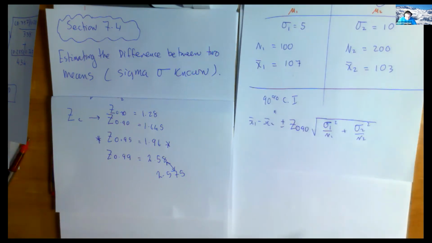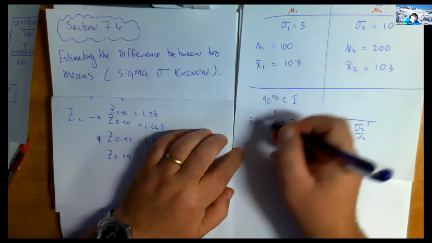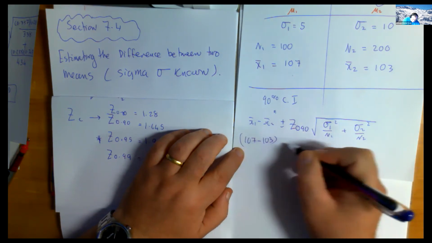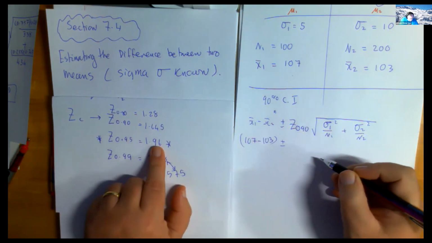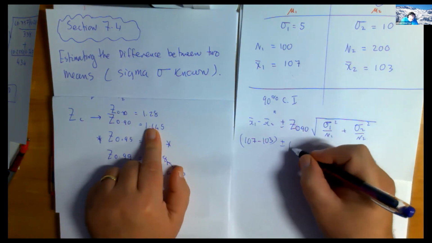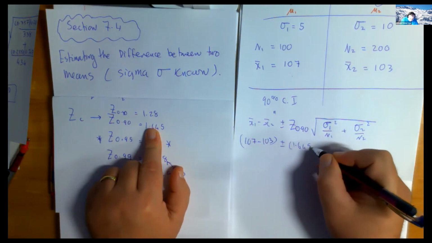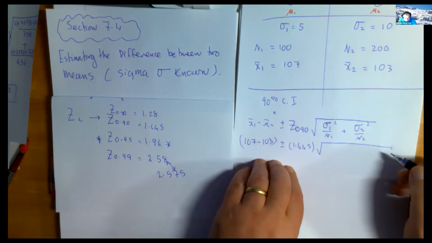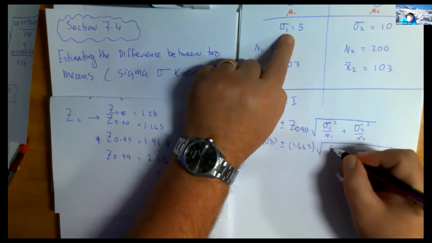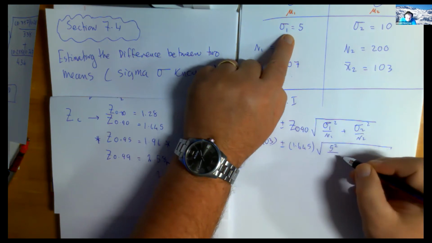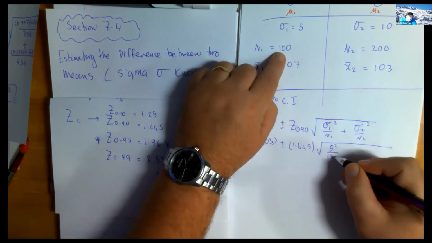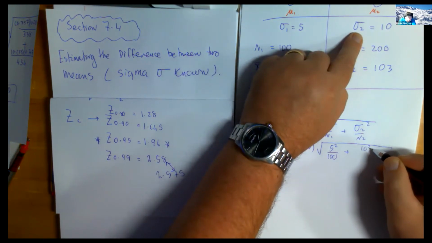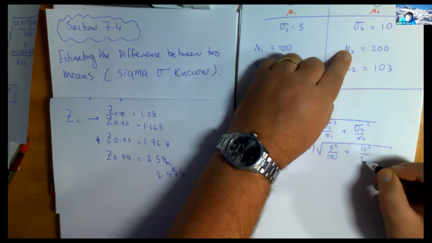So continue the process. 107, take away 103, plus or minus, for 90%, 1.645, square root of sigma 1, which is 5, squared, divided by 100, plus sigma 2 squared, divided by 200.